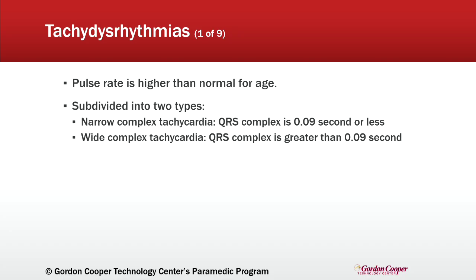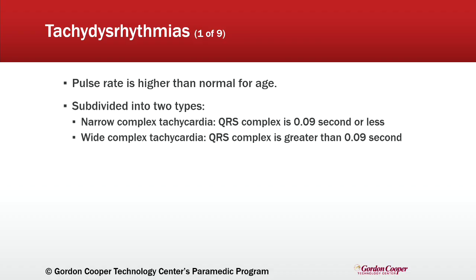Tachyarrhythmia is defined as a heart rate that exceeds the upper normal limit for the patient's age. Tachycardia is categorized into two types based on the width of the QRS complex. We have narrow complex tachycardias, where the duration is 0.09 seconds or less, and wide complex tachycardias, where the QRS duration is greater than 0.09 seconds. The significance of tachycardia should be evaluated alongside the patient's physical exam and medical history.